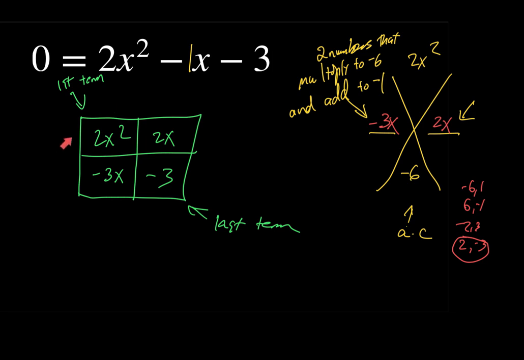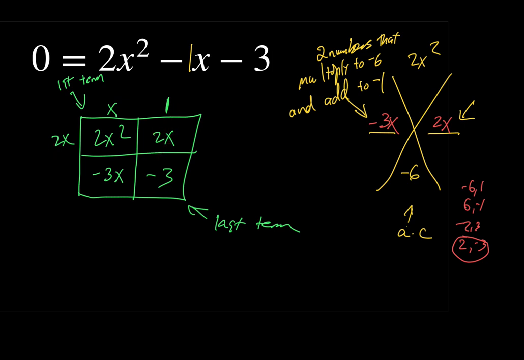These two things have to multiply to 2x squared. If I do 2x and x, because 2x times x is 2x squared. 2x times what is 2x? Well, that's a 1. So that rectangle is 2x by 1.